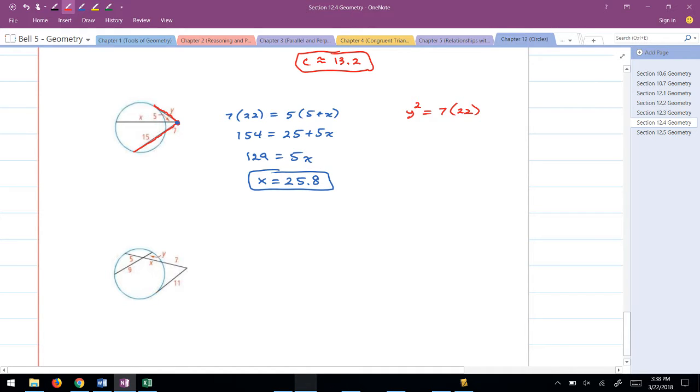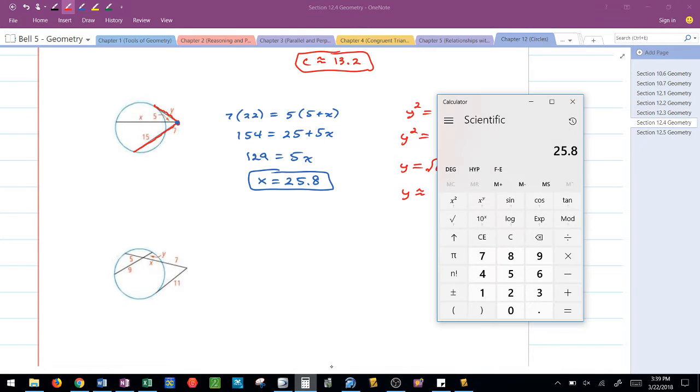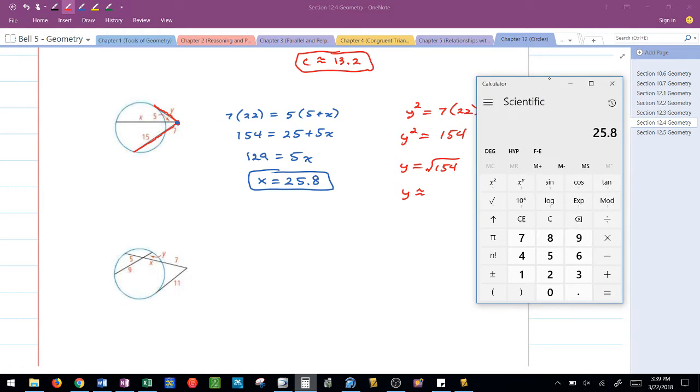So y squared is equal to 154, or y is equal to the square root of 154. Now, I'm pretty confident that's not a perfect square, so I'm going to take 154 and take its square root, and I get 12.4.